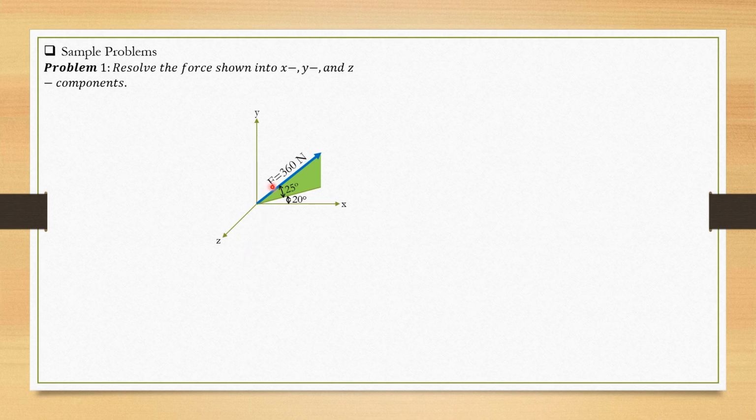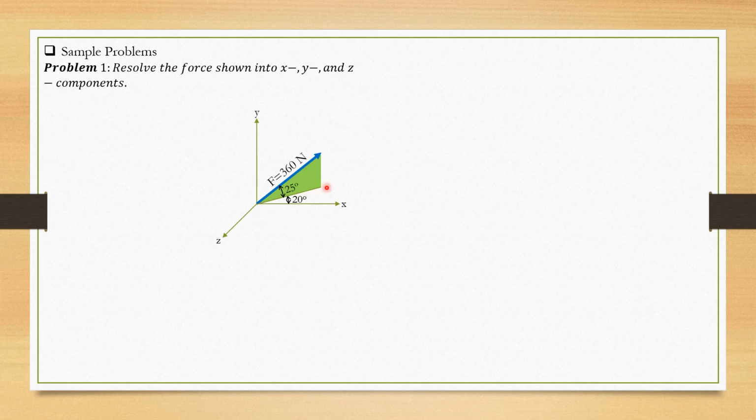So remember also that this shaded triangle is a right triangle because this is parallel to the y-axis, and this is a horizontal line on the xz plane. So the component along the xz plane, we'll call that Fxz. So we will solve that first in order to solve for Fx.